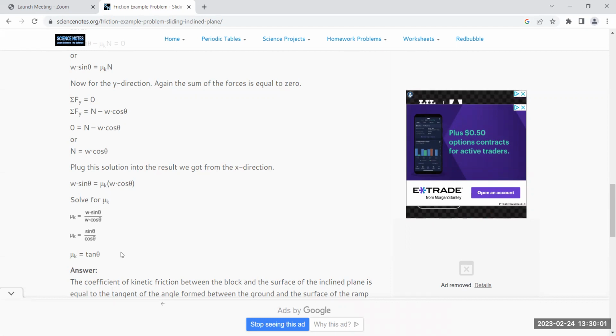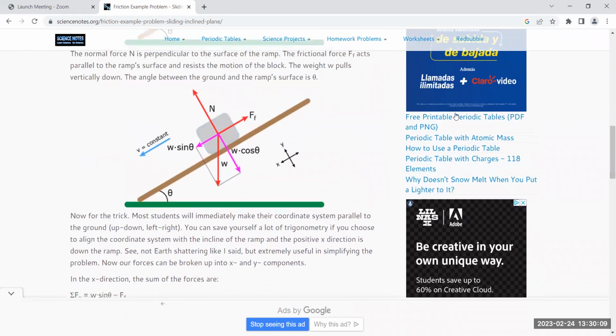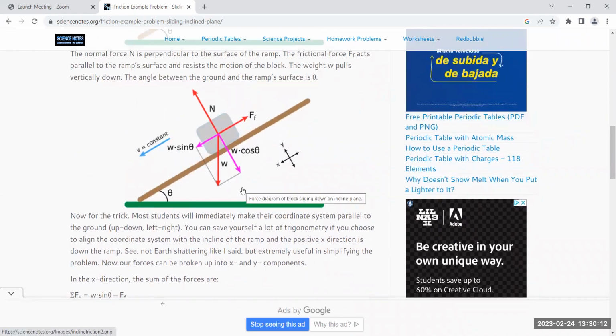I'm going to show you the value of doing this symbolically. Nowhere in our problem did I give you any numbers. I did not tell you that the box is 100 grams or 1,000 pounds, whatever it is.